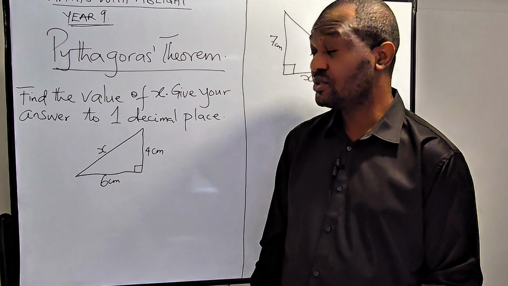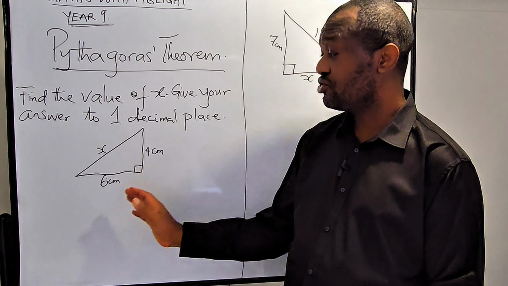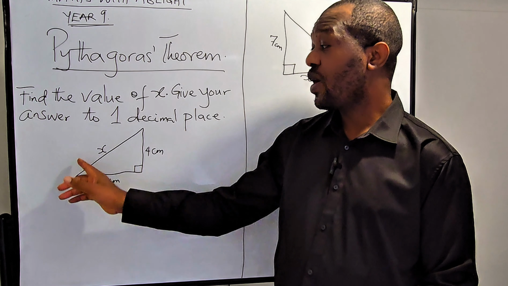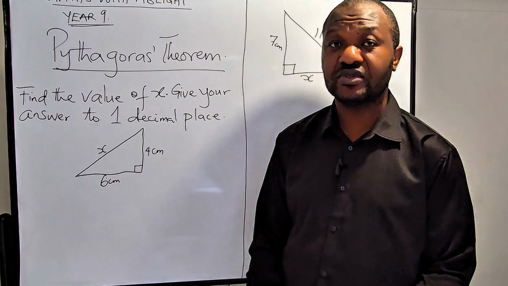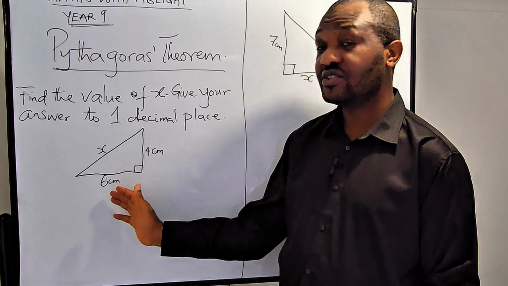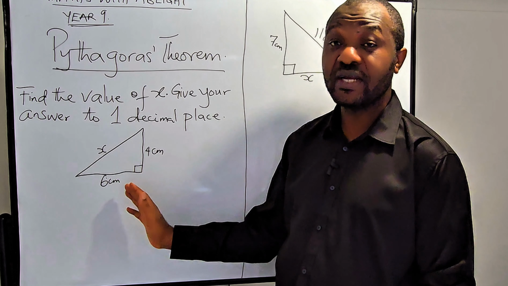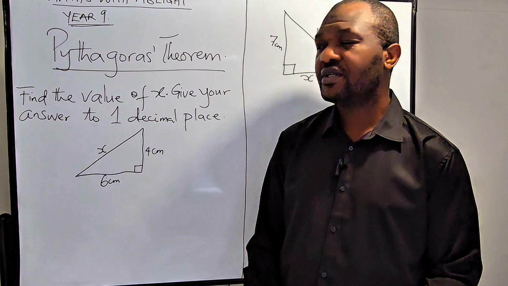In the last class, I had told you that Pythagoras states that in a right-angled triangle, the square on the hypotenuse side is equal to the sum of the squares of the other two sides. Or stated another way, the sum of the squares of the two sides of a right-angled triangle is equal to the square of the hypotenuse.